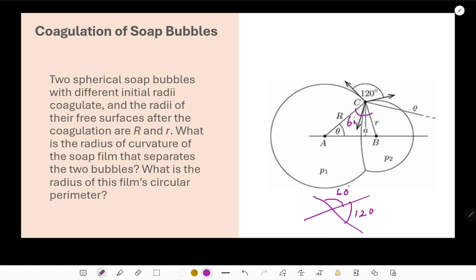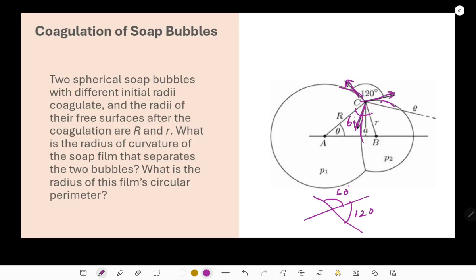In this case, the tangent to this surface is this one, the tangent to this surface is this arrow, and the tangent to this surface is this. So the radii will be forming the same angle, 120 degree.